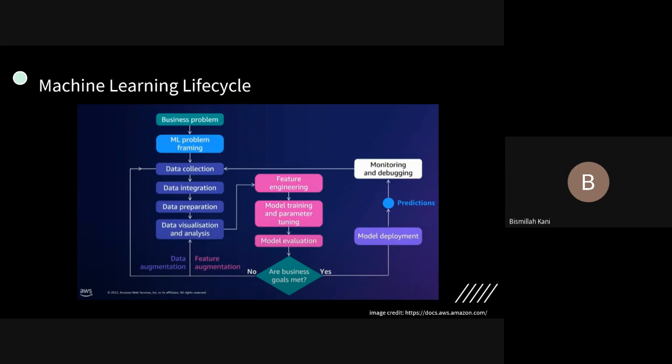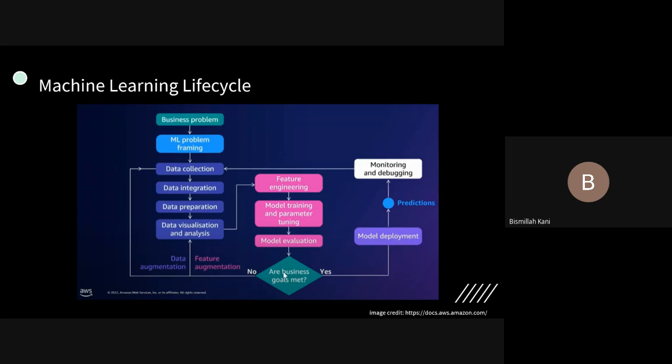Once you achieve a good model, you check whether your model meets the business goal. If not, it goes into an iterative cycle of collecting more data to improve your model performance, or doing some more feature engineering or feature augmentation in order to achieve the business goal.